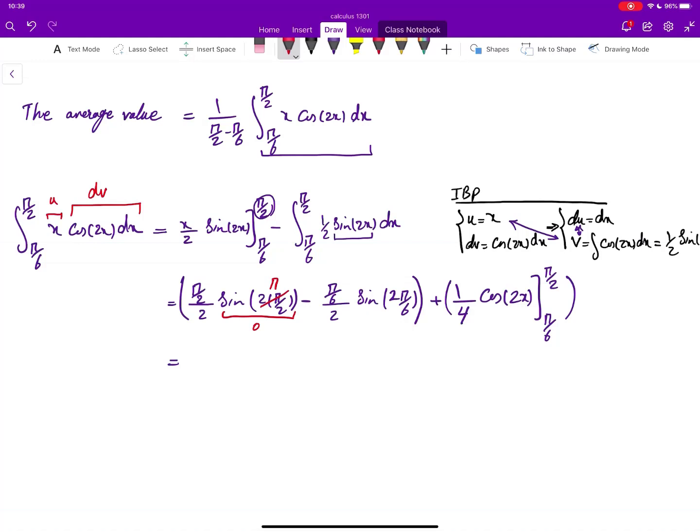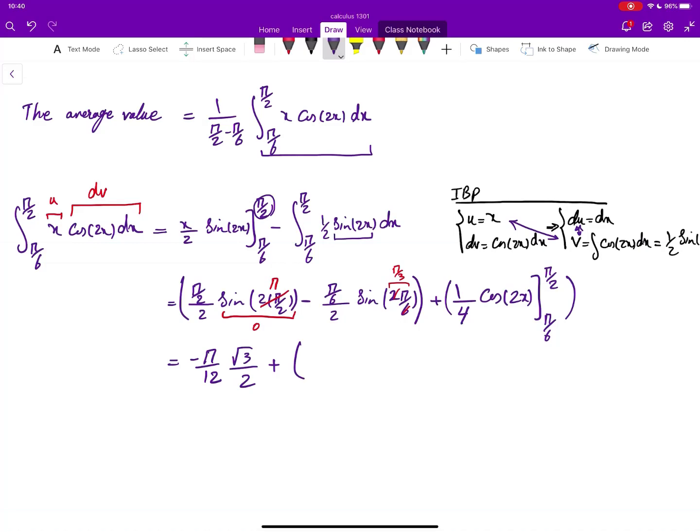Here I have negative pi over 12 times sine of, and this is what? This cancels with that. This is pi over 3. Sine of pi over 3, or sine of 60 degrees, is root 3 over 2. That's the first part.